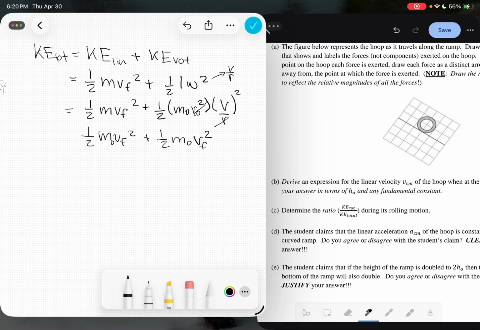So I'm just gonna add them, which gives me 1 M naught VF squared for KE total. And it's asking for KE rod over KE total. So KE rod is 1/2, and KE total is just 1. So that would give me 1/2 for the ratio.